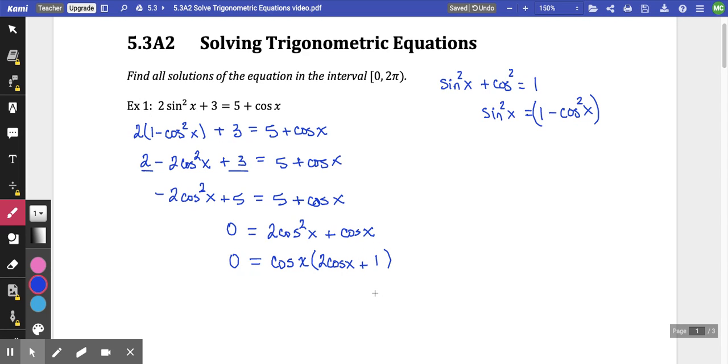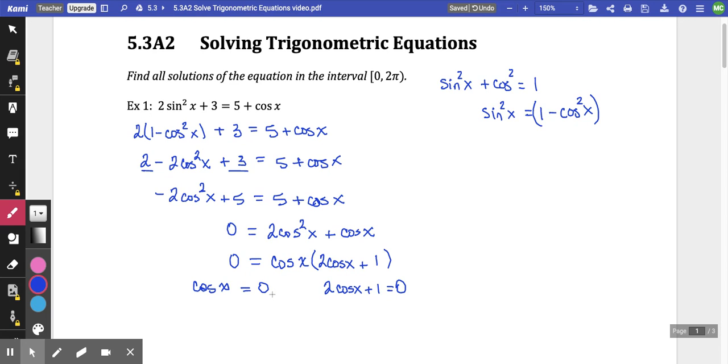Now that I have it factored and equal to 0, I can set each of the factors equal to 0 separately and solve them. It says cosine of x is equal to 0, and 2 cosine of x plus 1 is equal to 0. And that gives me 2 of the more simple equations like the ones we were solving yesterday.